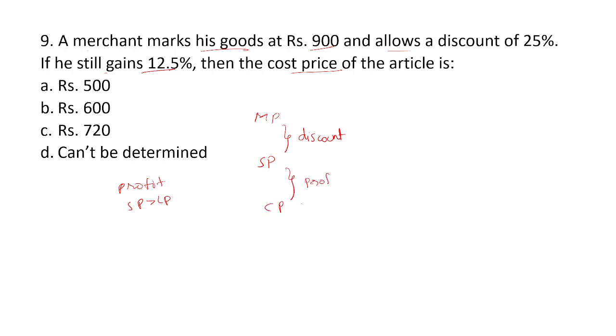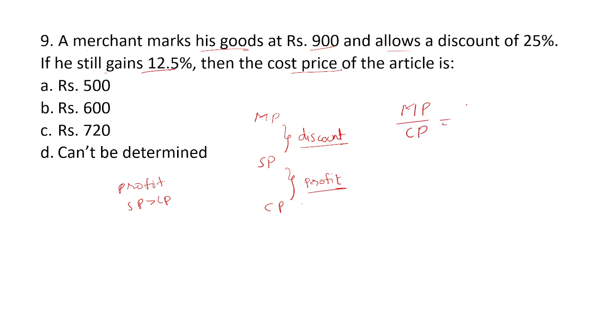So whenever the question has a discount as well as a profit, remember guys, I'm going to give you one formula. You will get the marked price to cost price ratio this way.